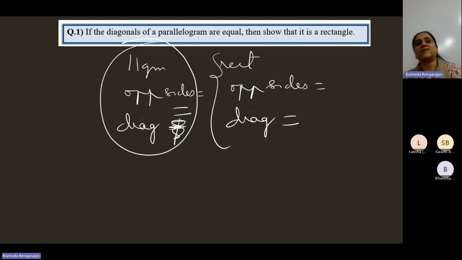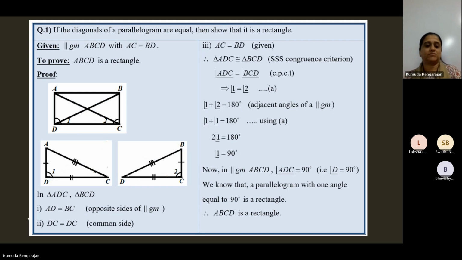As long as the diagonals are not equal, it's only a parallelogram. But when the diagonals are equal, it is still a parallelogram, with a special name: a rectangle. And that's what it is saying.